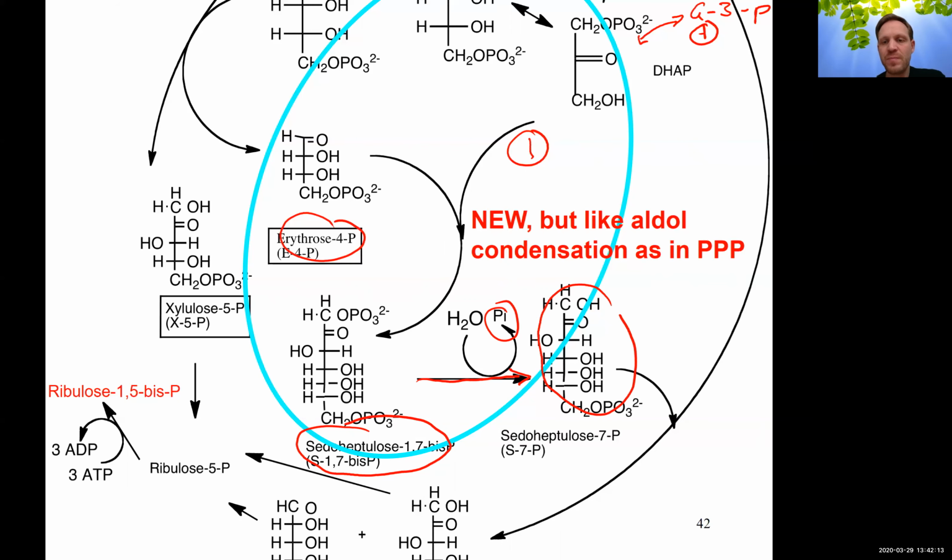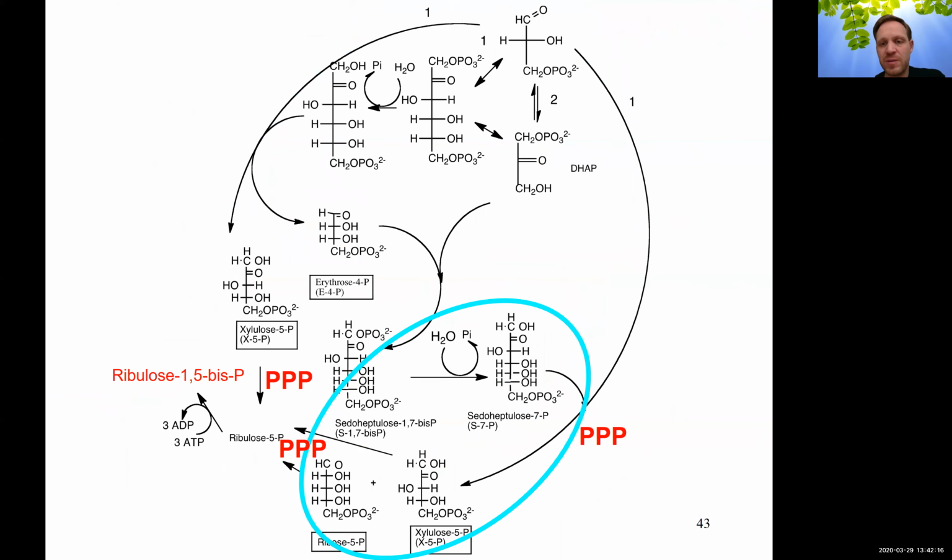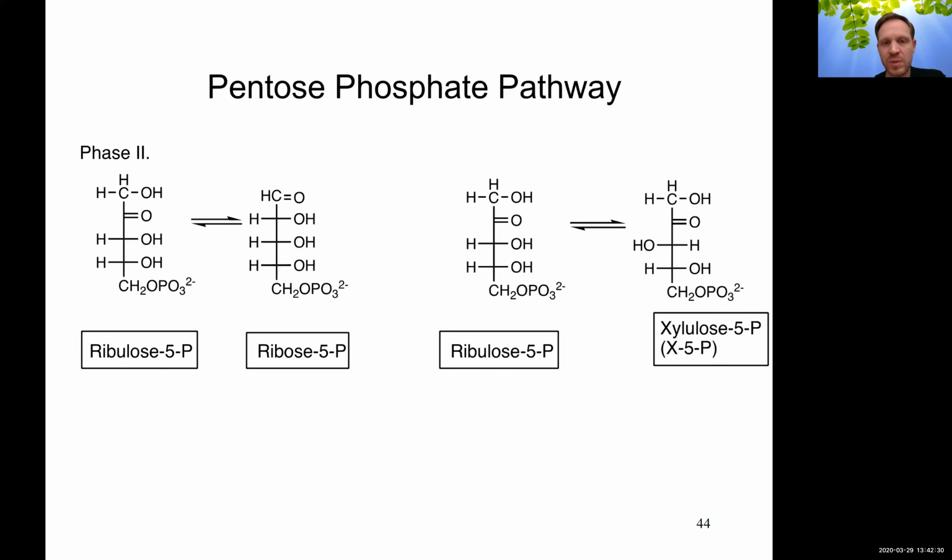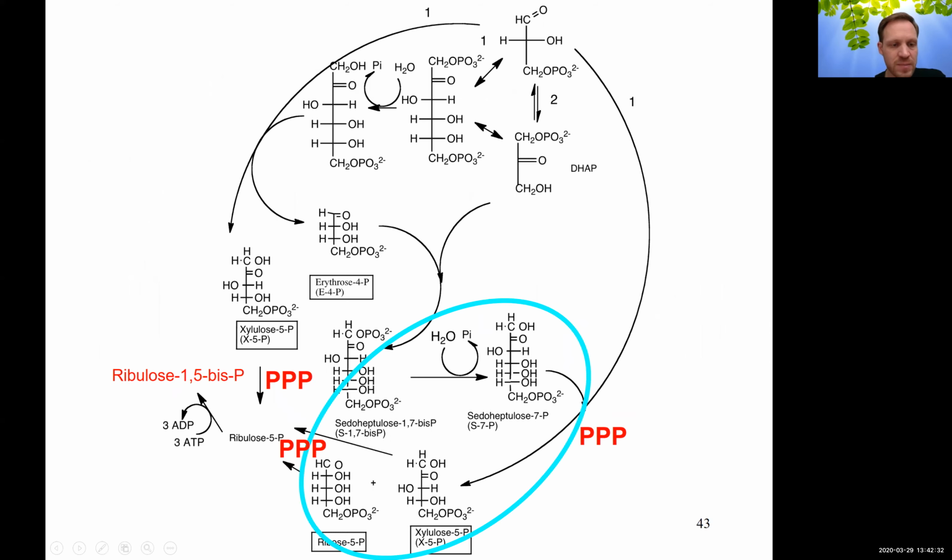Moving on, right? Still, we are not at all 5 carbon sugars yet. Now what you're doing is taking this pseudoheptulose intermediate that we just generated here, and you're bringing in the last of the 5 G3Ps.